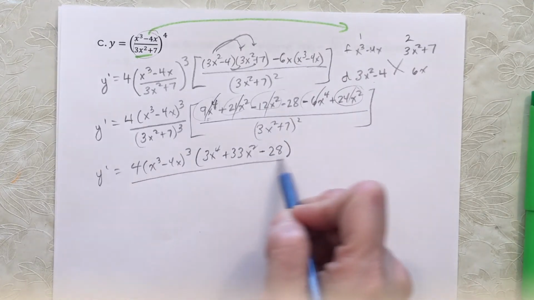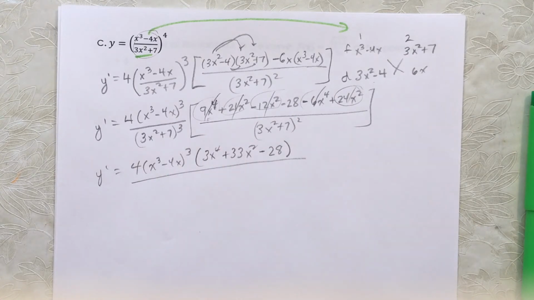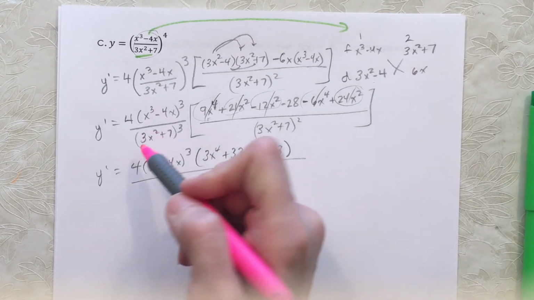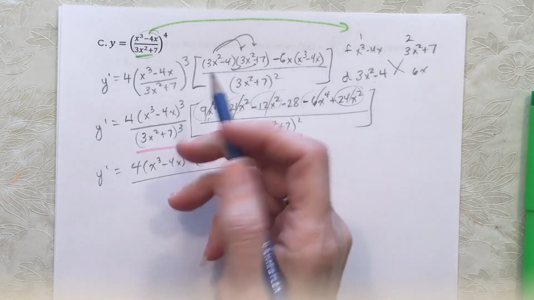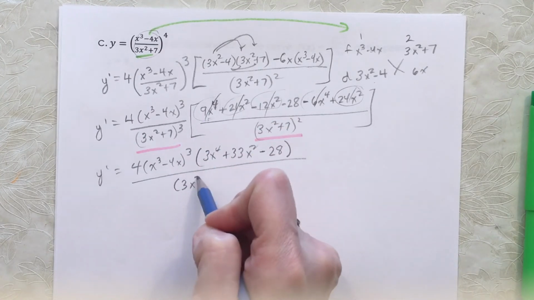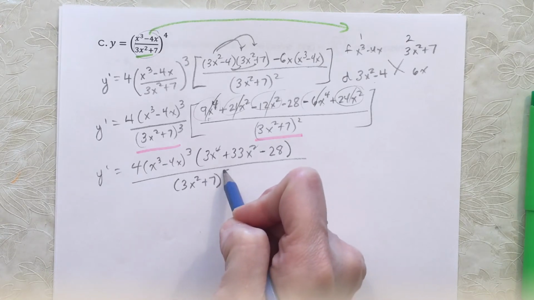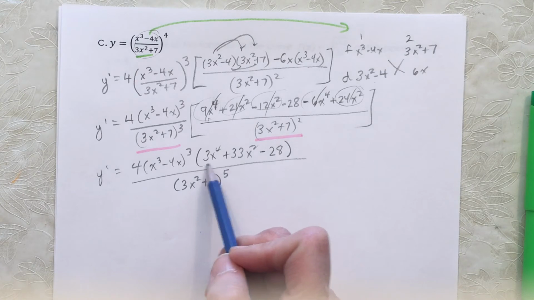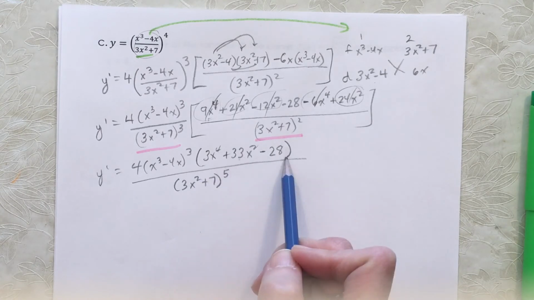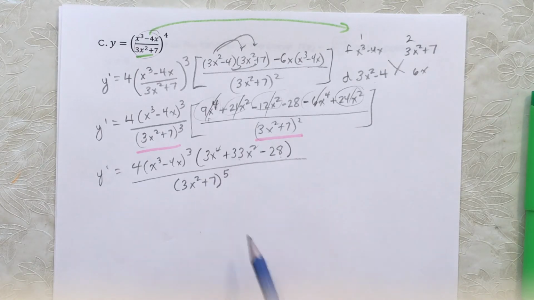And then all over, these are the same. So I'm multiplying powers with the same base, so I'm going to keep the base of 3x squared plus 7 to the power of 5. And there's no 3's in common with the first two, but not the last one. So there it is in simplified factored form.